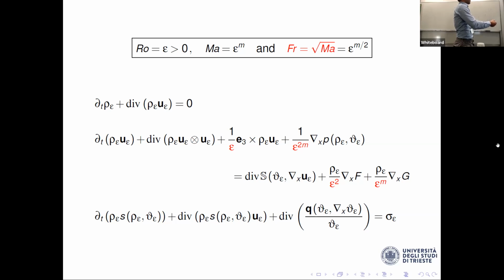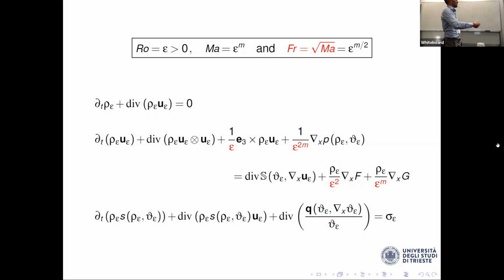Since m is free to vary, we are able to cover all the possible regimes. And at the end, we choose this scaling that I will call critical, and we will see why this scaling is critical. That is, the Froude number is equal to the square root of Mach. Okay, this is my scaling.